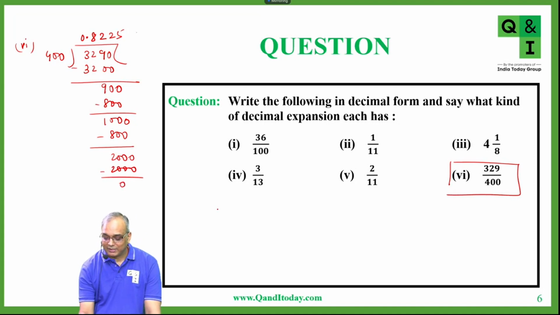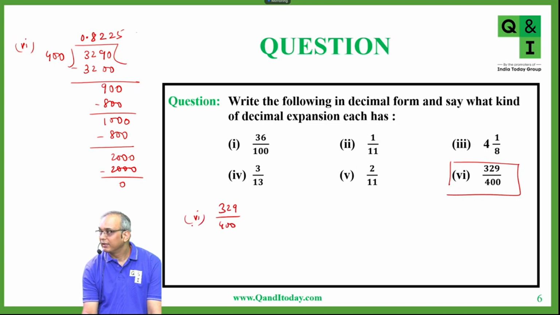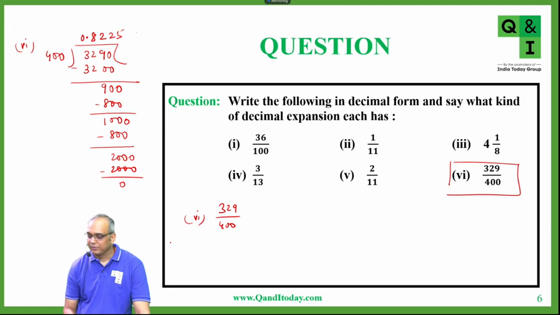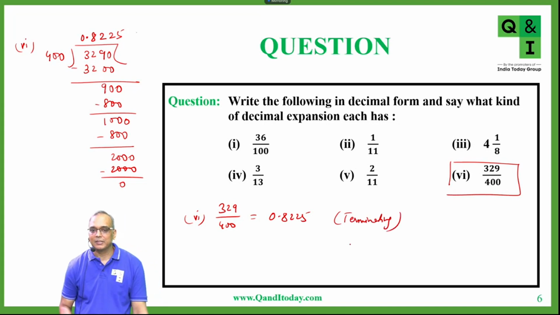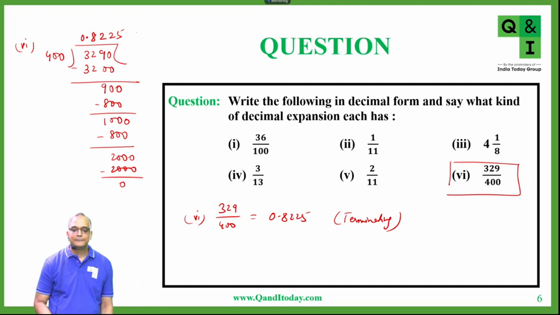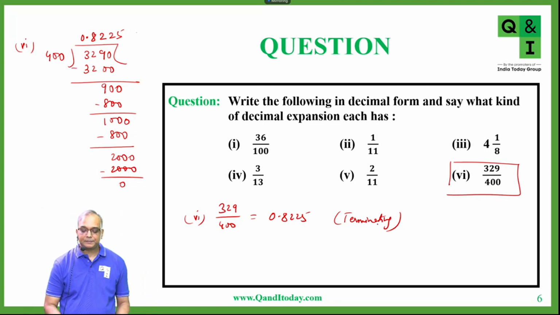So the decimal expansion here of 329 over 400. Yes, correct, Subhranshu. So 329 by 400 is 0.8225. And because it stops here, this is a terminating decimal. Is it clear? Is it clear, students?